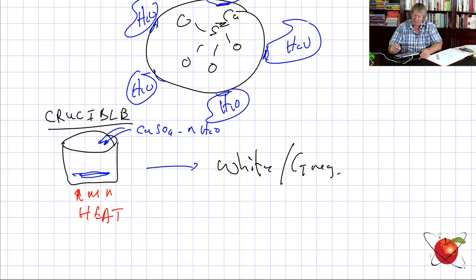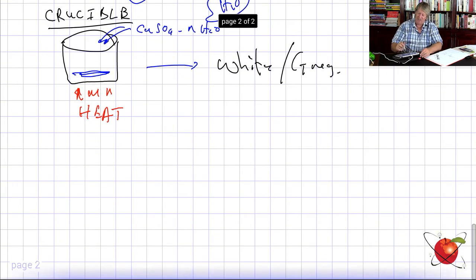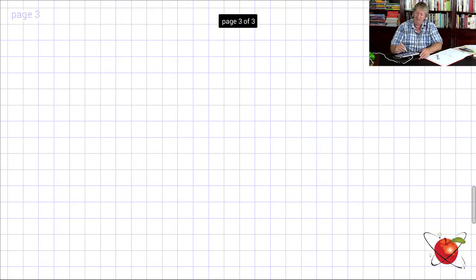So generally they give us a problem like this. I'm just going to read it. Suppose that we heat 6.25 grams. Let me just write down what we're given.